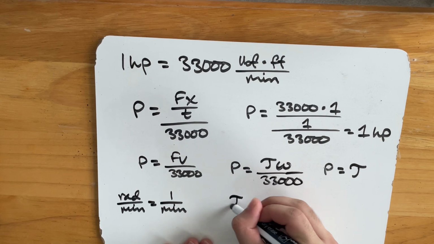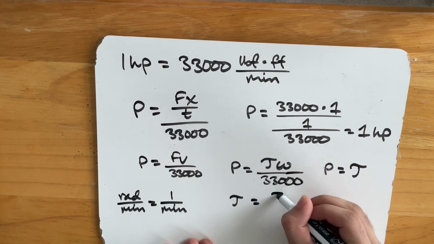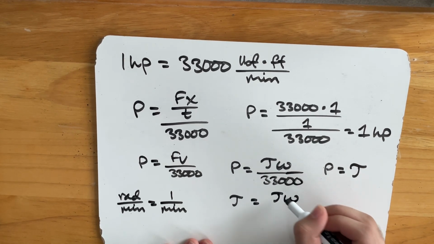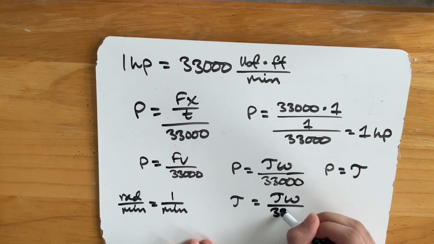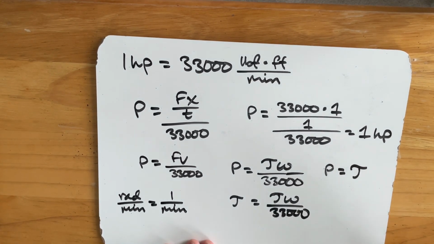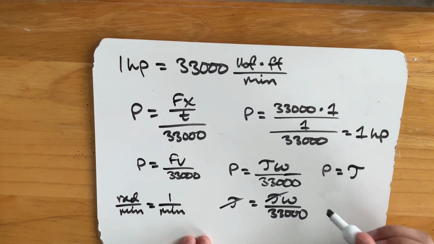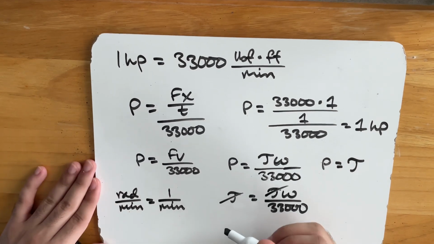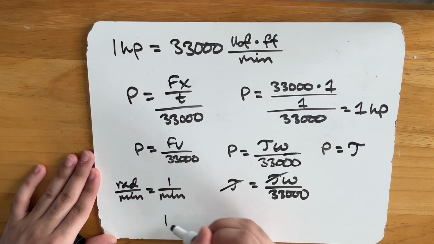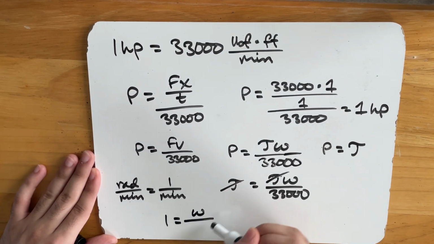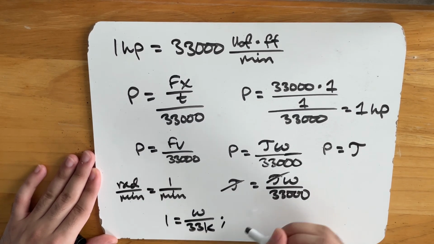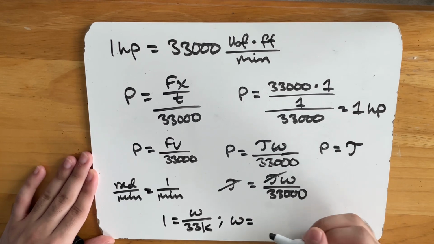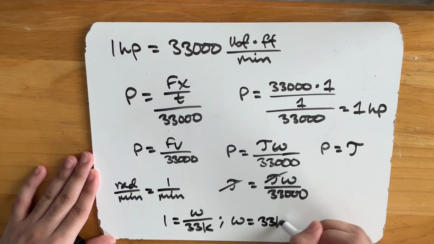So I get tau is equal to tau times omega over 33,000. These two cancel, and we get that 1 is equal to omega over 33,000. We get that omega is equal to 33k.